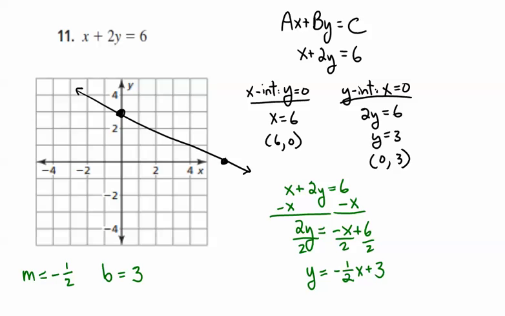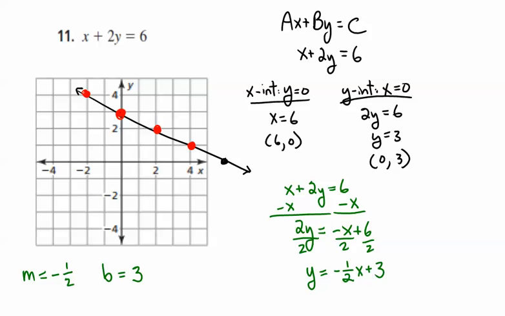So what I'm going to do then is plot my y-intercept, and that happens to be right at y is equal to 3, which we already graphed before. Then I'm going to go down 1 over 2. And if I reverse that and did exactly the opposite, I would go up 1, left 2.